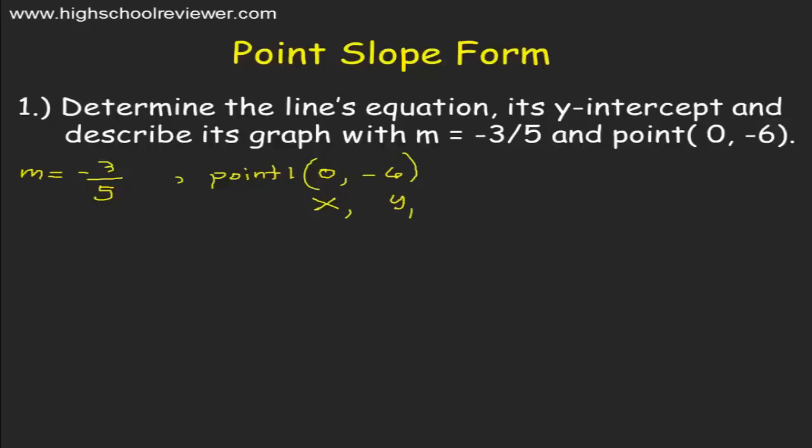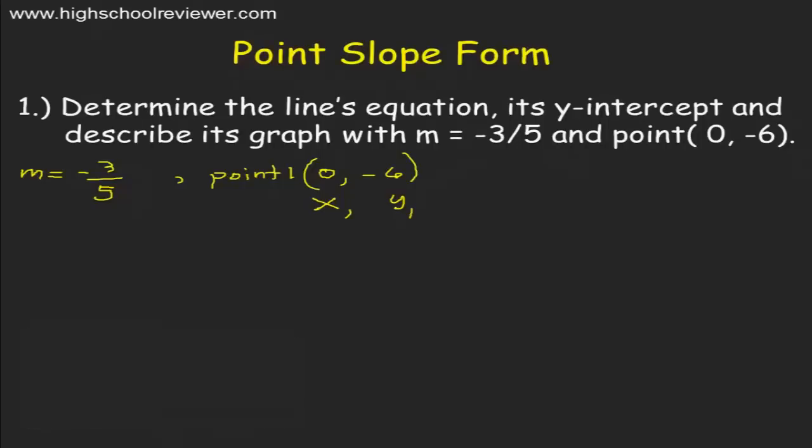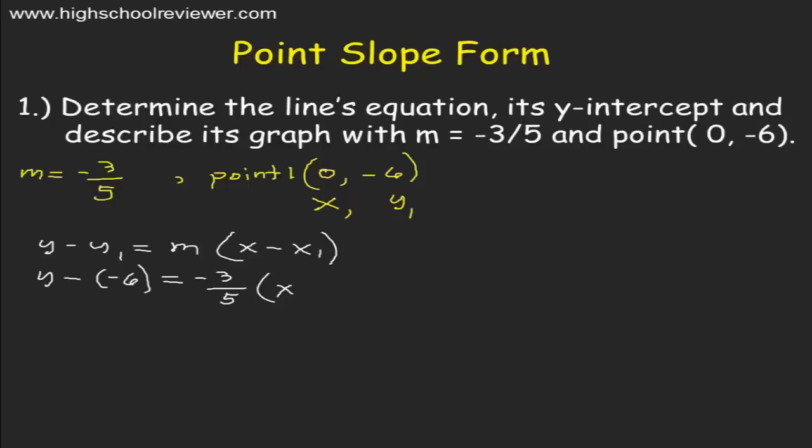We are going to use the point slope form equation, and that is y minus y sub 1 is equal to the slope, or m, multiplied by x minus x sub 1. So substitute the values. We have y minus y sub 1, which is negative 6, equals the slope, negative 3 over 5, multiplied by x minus x sub 1, that is 0.